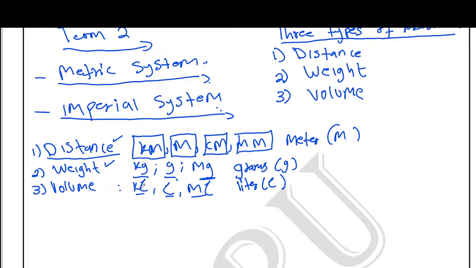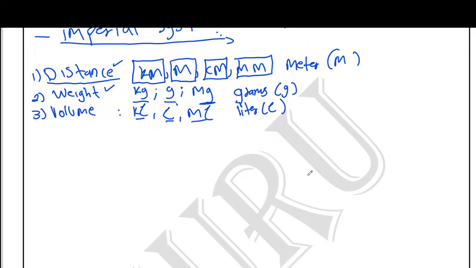Now I'm going to take you through how to convert between distance, weight, and volume. And remember, those cannot be mixed. You cannot convert kilometers into kilograms. You cannot convert kilometers into kiloliters. It doesn't make sense.